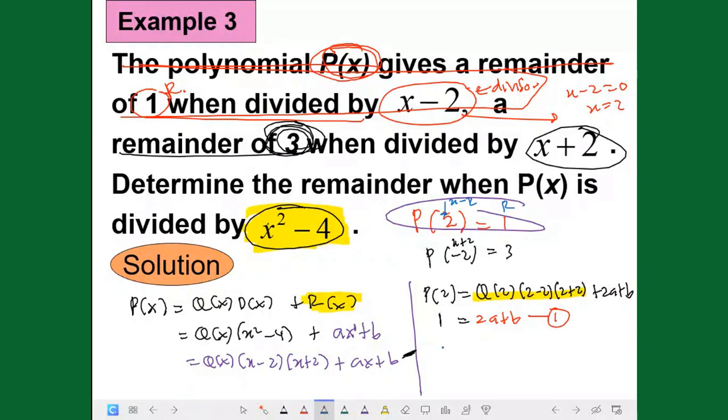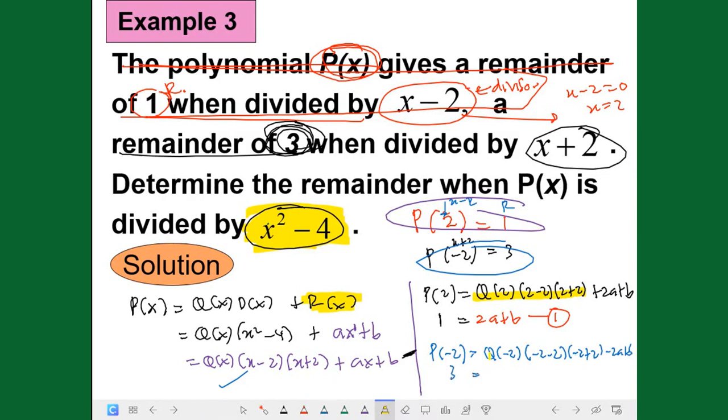Then substitute P of negative 2. In this one, we get Q of negative 2: negative 2 minus 2, negative 2 plus 2 is 0. Okay, minus 2A plus B is equal to 3.